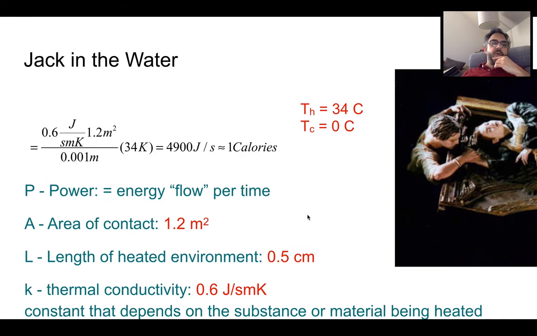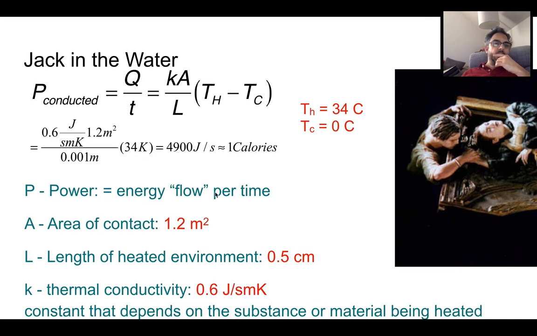So when we plug in all those numbers, I plug in the thermal conductivity of water, Jack's area. Oh, I meant to change this. It should be 0.005, not 0.001.